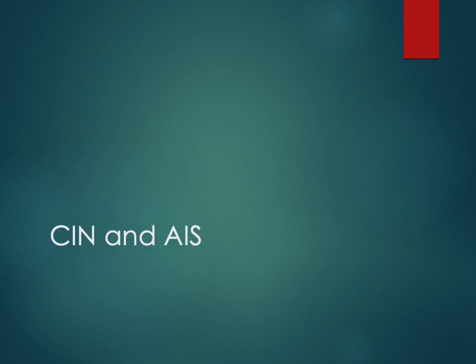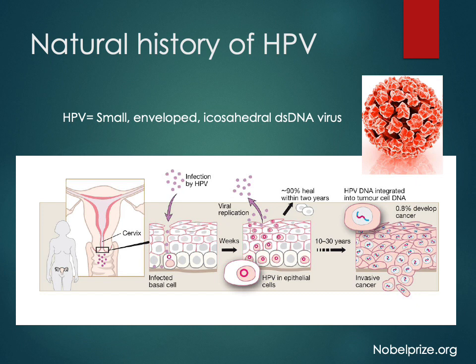So from endometrial, we'll move on to cervical, and I'll start off with the premalignant lesions of the cervix. So talking about the natural history of HPV, we will remember that HPV is a small enveloped icosahedral double-stranded DNA virus, and it is a sexually transmitted virus that infects over 80% of sexually active women.